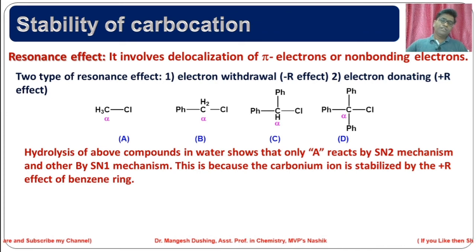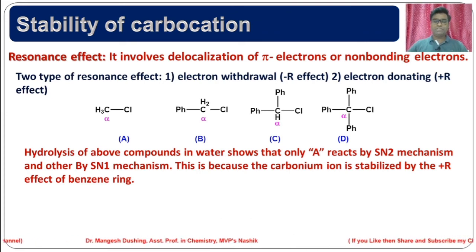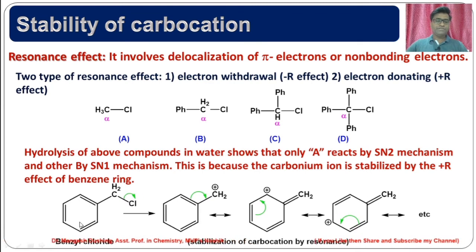For example, the C-Cl bond will break and the carbocation will form. Benzyl chloride will get hydrolyzed: the leaving group leaves, forming a carbocation. This carbocation is stabilized by the resonance effect of this pi bond, because the pi bond is in conjugation with the carbocation.